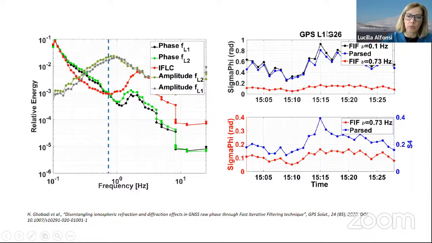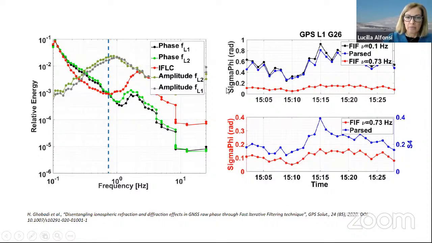You can see here 30 minutes of data from the GPS satellite G26 from Concordia Station in Antarctica, and we apply this approach. We have found the best cutoff frequency here in the crossing point among the ionospheric free linear combination and the phase and the amplitude of the signal on L1 and on L2.